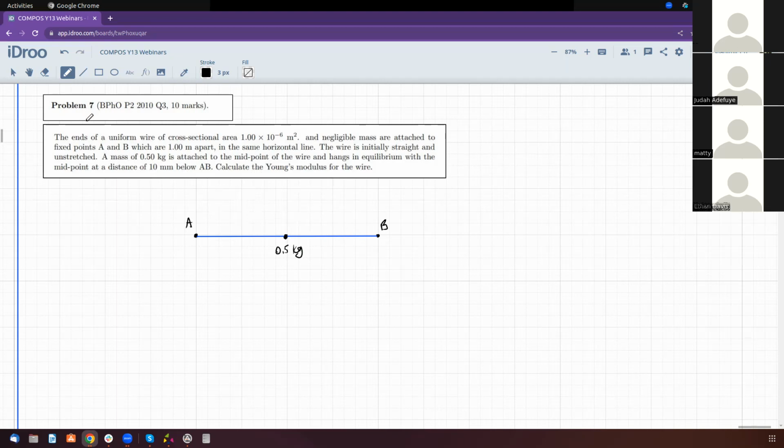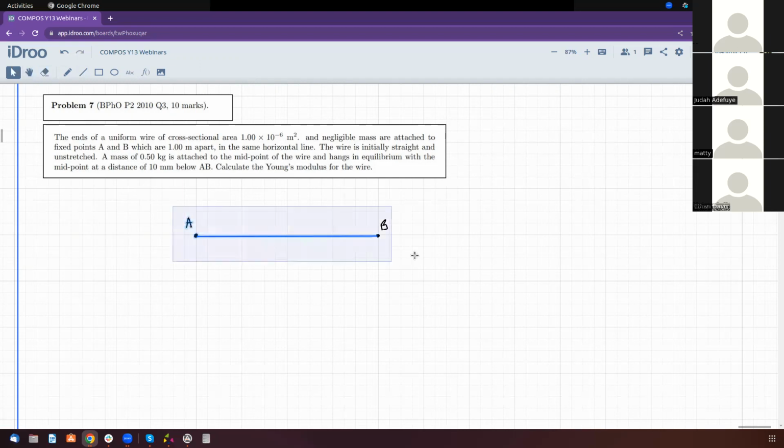Okay, so the shorter questions tend to be harder. I don't know if you noticed. Well, what's going on here? So the wire is horizontal. You attach a mass and the wire becomes non-horizontal. So I would draw another diagram.